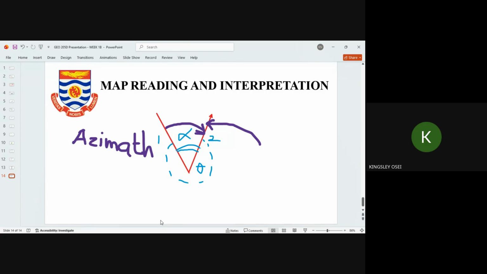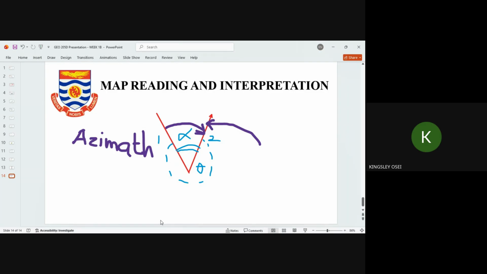There's a meridian that deals with the longitude, latitude, and there's also a meridian that deals with the grid system. So that is where the technical issue is.